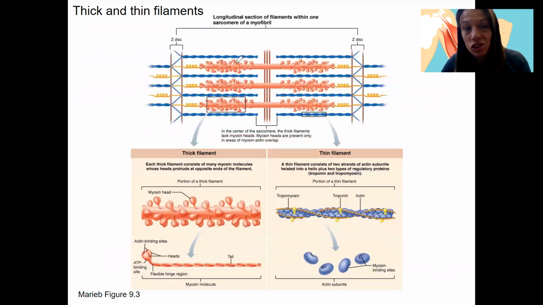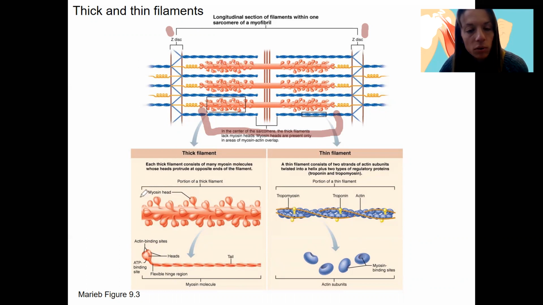This is the same thing I just showed you. Here is a sarcomere from one Z disc or Z line, same thing, to the next. That's a sarcomere. We've got our thin filaments in blue, our thick filaments in red, and you could label potentially here, the A band would be this right here. This slide also then shows the detail of each of these types of filaments.